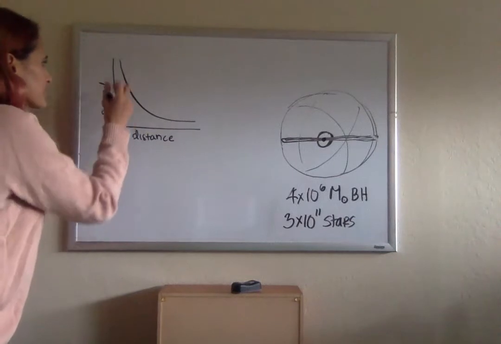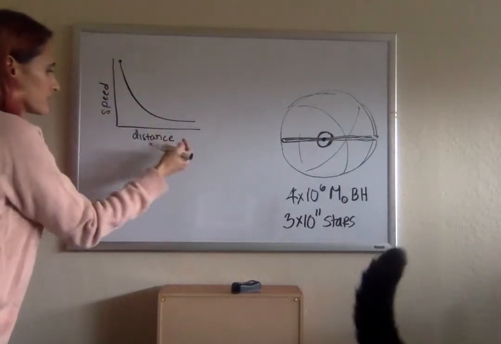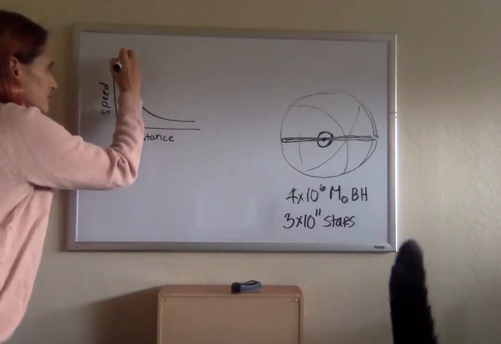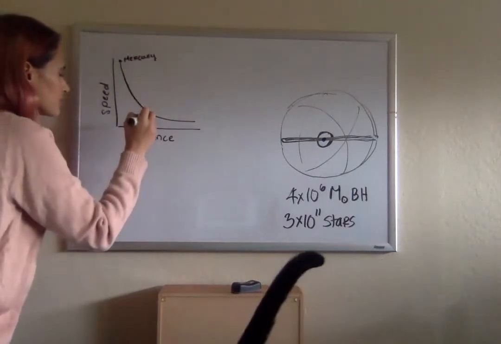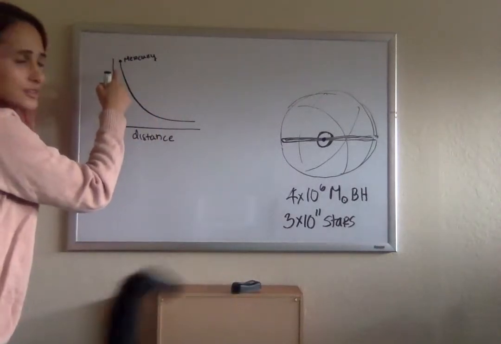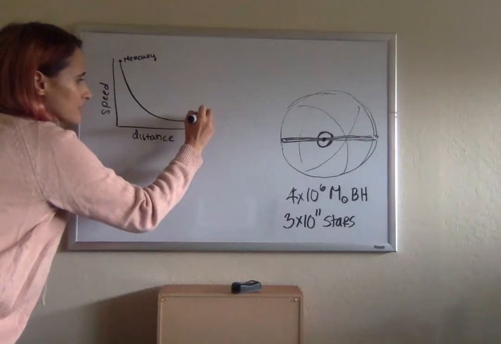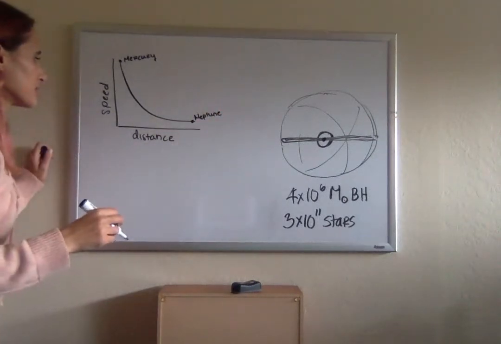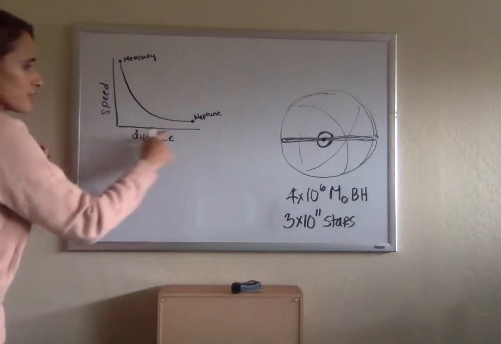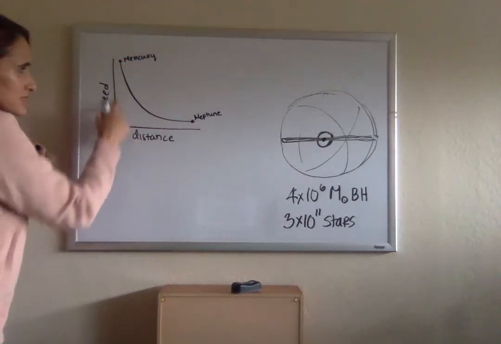So this tells us that planets closer in to the sun, with a smaller distance, so this would be Mercury, are going to move faster than planets far away from the sun. Out here we've got Neptune. Right? They have a farther distance, smaller speed. Shorter distance, higher speed.